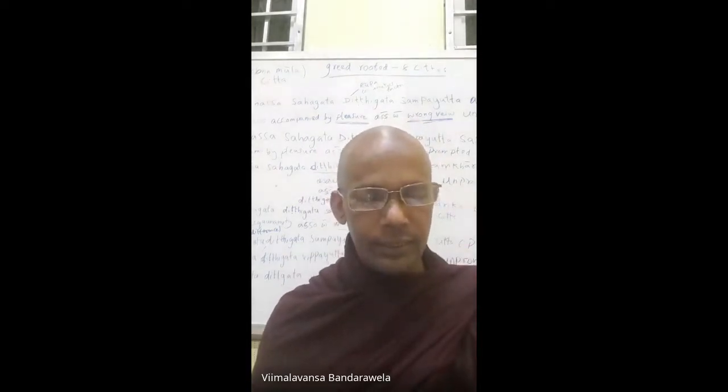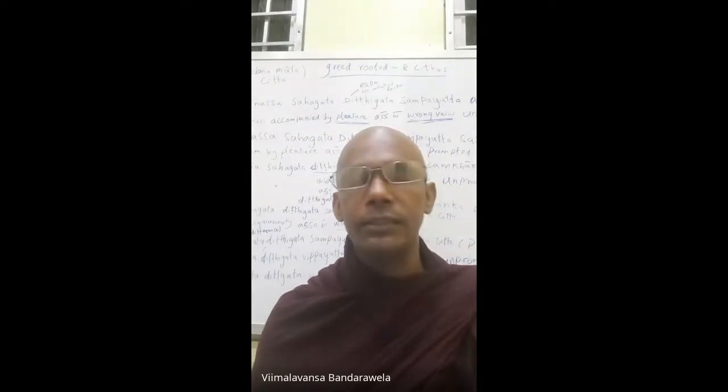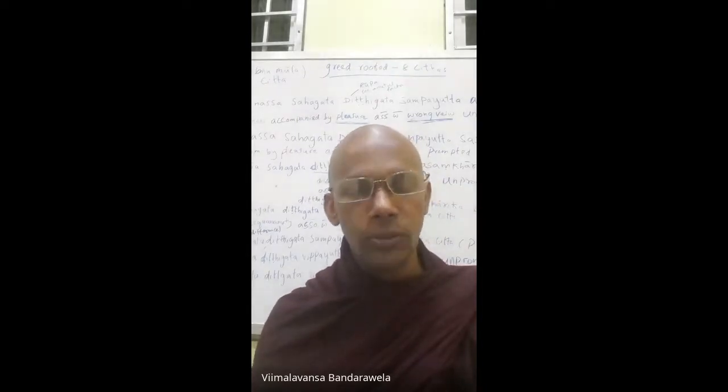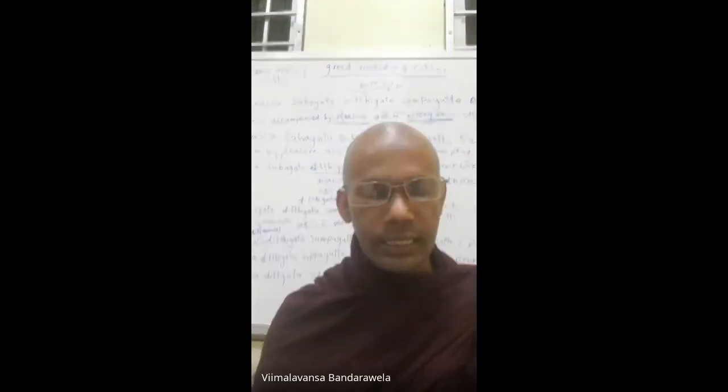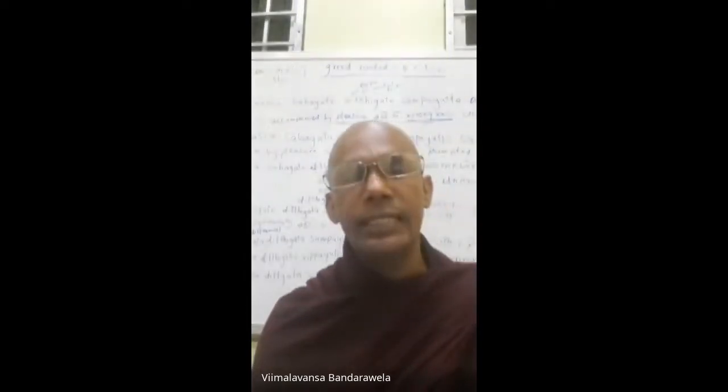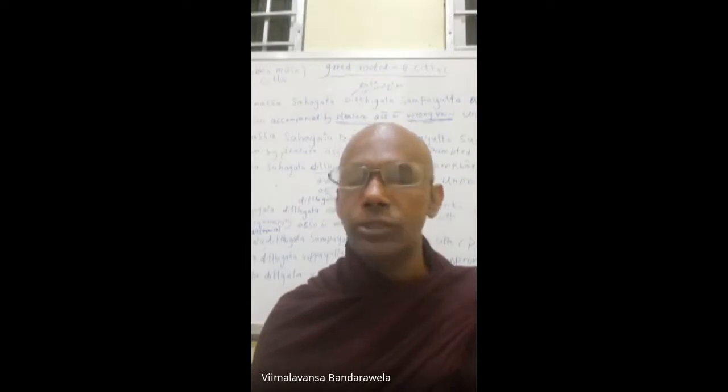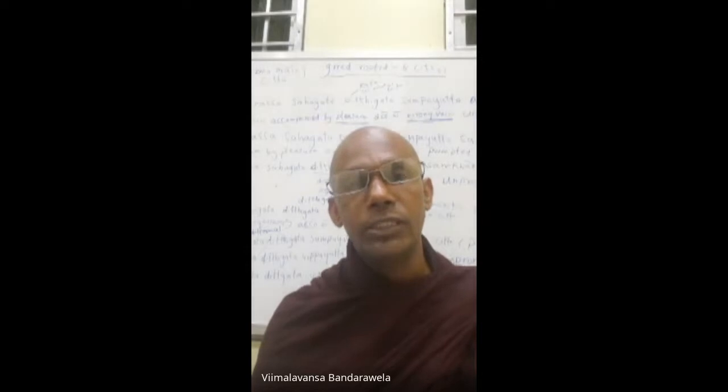Okay, then the other consciousness, upekkha sahagata, ditthigata vippayutta, sasankharika. The meaning: upekkha sahagata means the consciousness associated with, accompanied by equanimity, and ditthigata vippayutta, dissociated from wrong view, right?